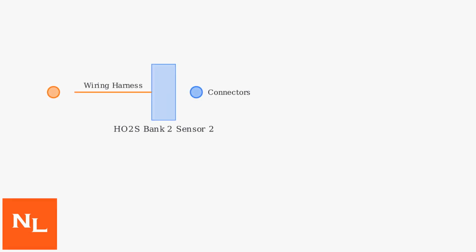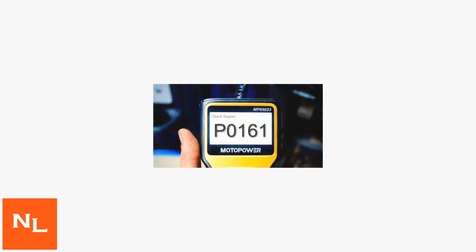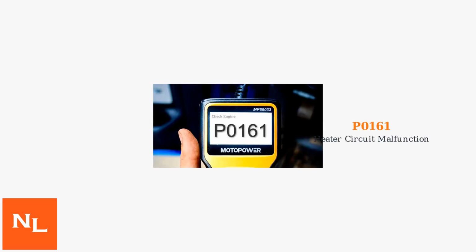Start diagnosing the P0161 code with a visual inspection of the heated oxygen sensor, wiring harness, and connectors for Bank 2 Sensor 2. Look closely for signs of physical damage, corrosion, or loose connections that could cause the heater circuit malfunction. Next, use an OBD2 scanner to confirm the P0161 diagnostic trouble code.